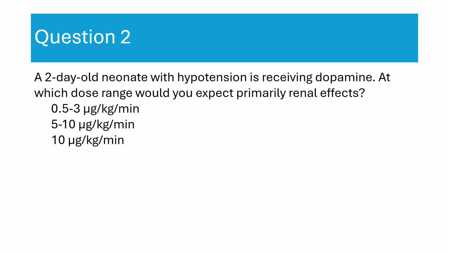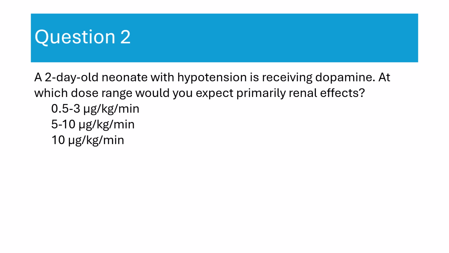A 2-day-old neonate with hypotension is receiving dopamine. At which dose range would you expect primarily renal effects? 0.5 to 3, 5 to 10, greater than 10? The correct choice is 0.5 to 3. This question is testing your understanding of dopamine's dose-dependent effects, which is highly tested on the exam.